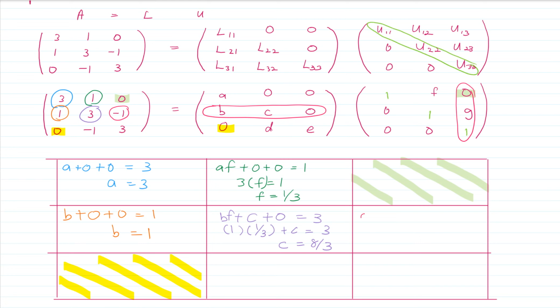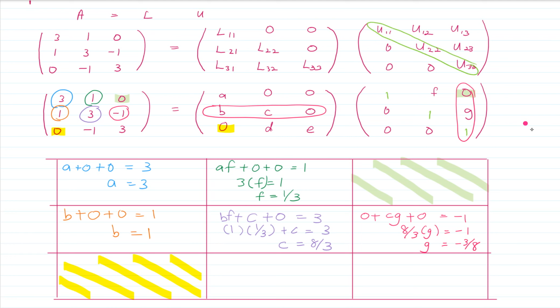So B times 0 is 0, plus C times G is CG, plus 0, plus minus 0 times 1, 0, equals CG. So we already have, sorry, equals minus 1 here. So we have C, 8 over 3, times G equals minus 1. So we get G equals minus 3 over 8.